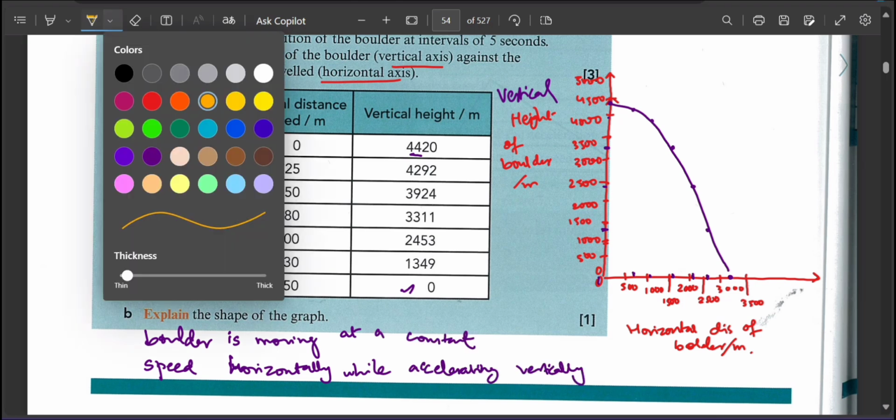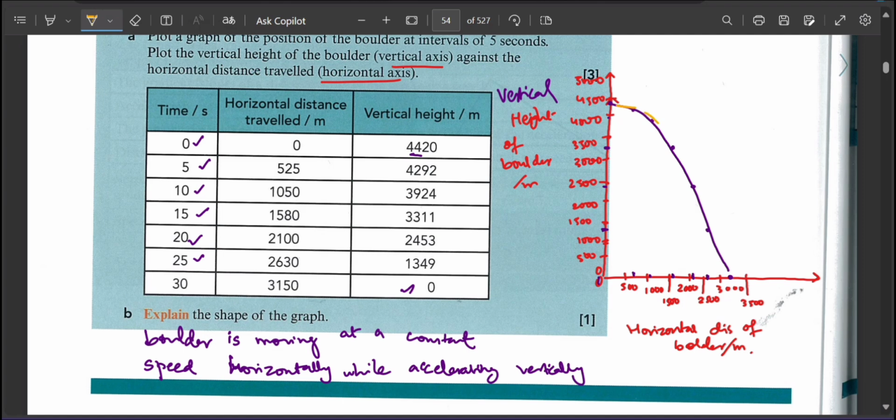The tangents are gradually increasing, because this is going to be the maximum value, because our gradient is almost vertical. So that's what we can see from this graph.